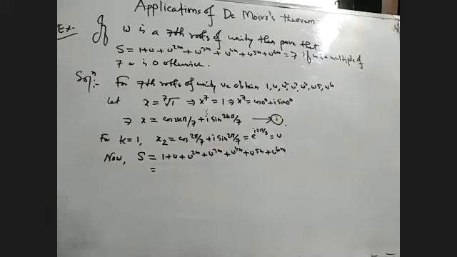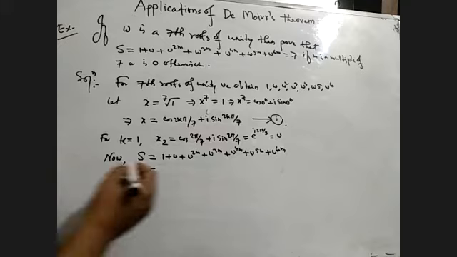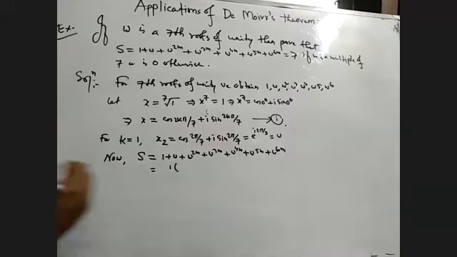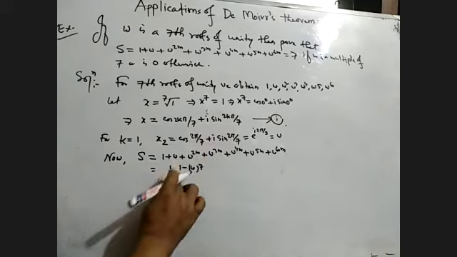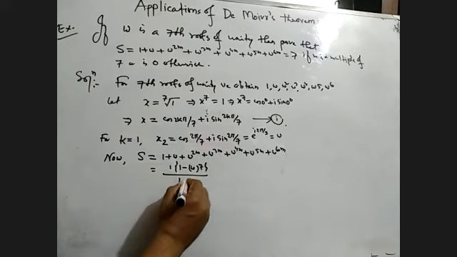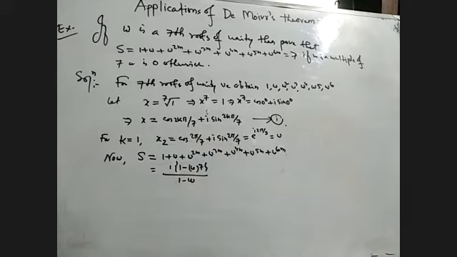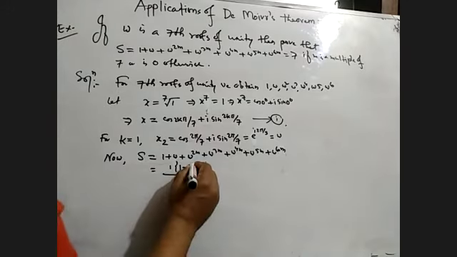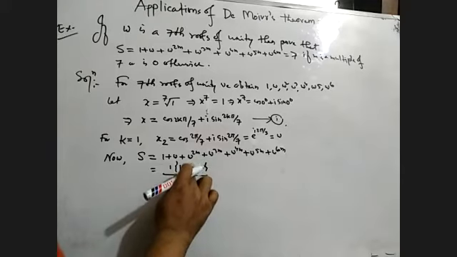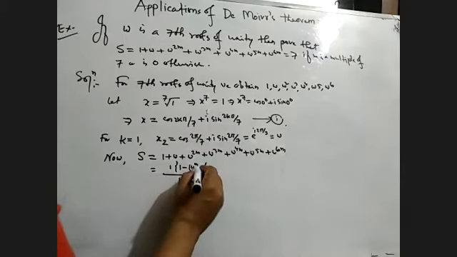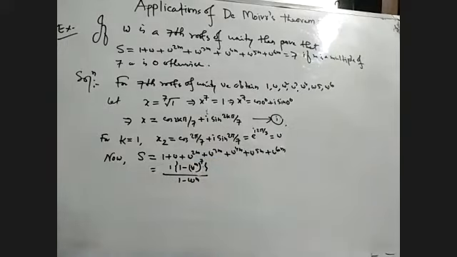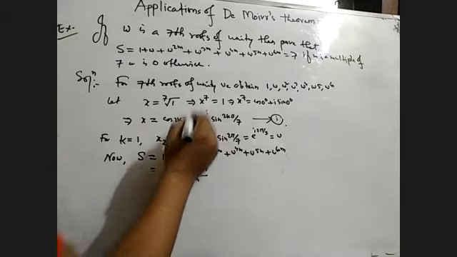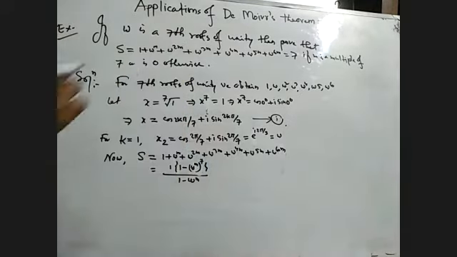The sum will be A into 1 minus q to the power n, where n equals 7, divided by 1 minus omega to the power m. There is a mistake, it should be 1 plus omega to the power m.